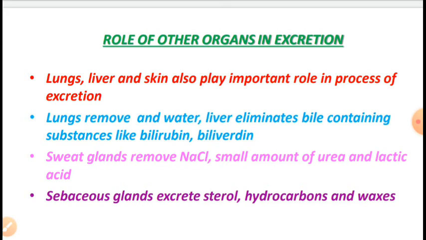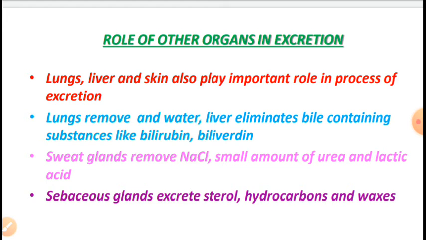Our lungs remove a large amount of CO2, approximately 200 liters per minute, and also a significant quantity of water every day. So the role of the lung is also there. If we talk about the liver, the liver is the largest gland in the human body.